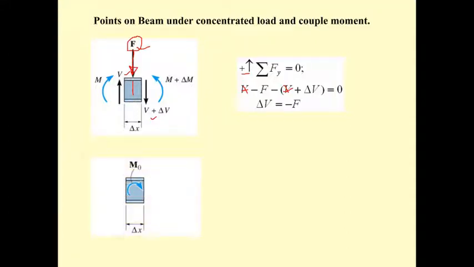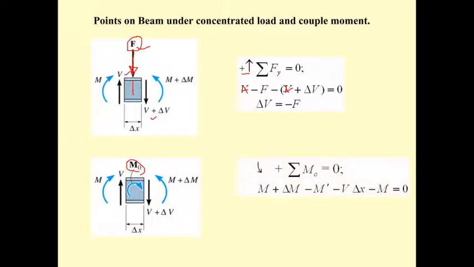And again, if you consider the effects of the external moment, this external moment also provides a change in the moment. If the delta x is small, we can take the moment about this point, and then what we have is, counterclockwise is positive.